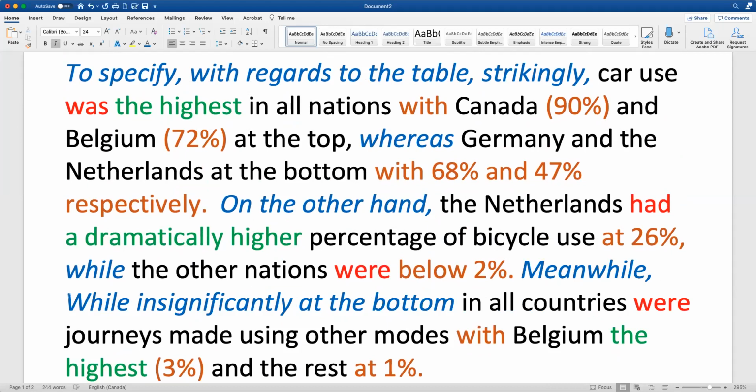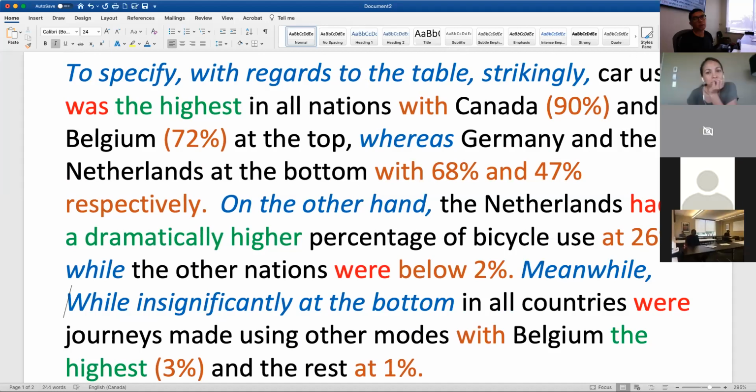What was the sentence we put? Meanwhile, the one that we wrote, the extra one.